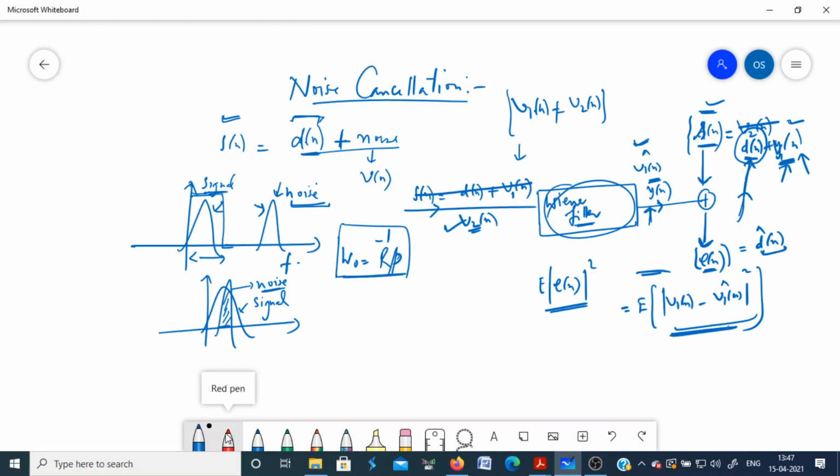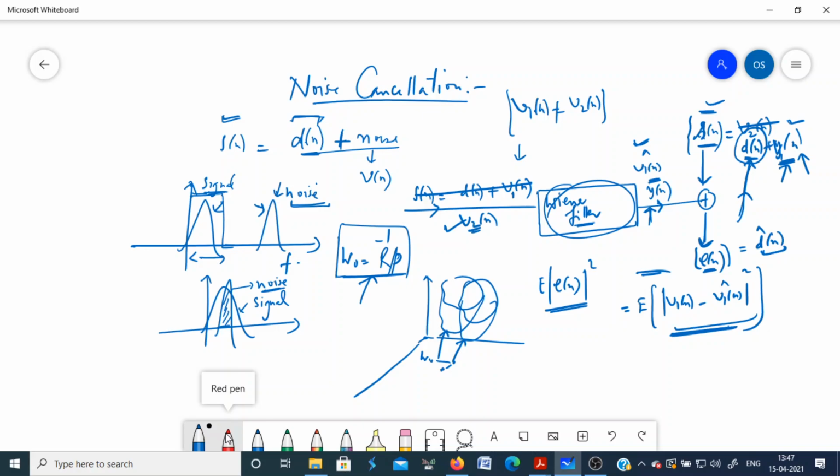Or when the signal is non-stationary, changing its characteristics from time to time, every time we have to find the Wiener filter solution. You have this error performance surface, a bowl-type surface with a unique minimum. If the signal statistics change in time, this shape will also change, so the solution will move from this point to that point, and every time you have to apply the Wiener filter or Wiener-Hopf equations.